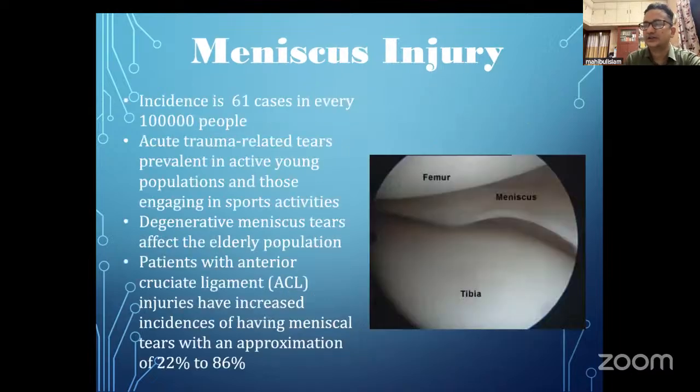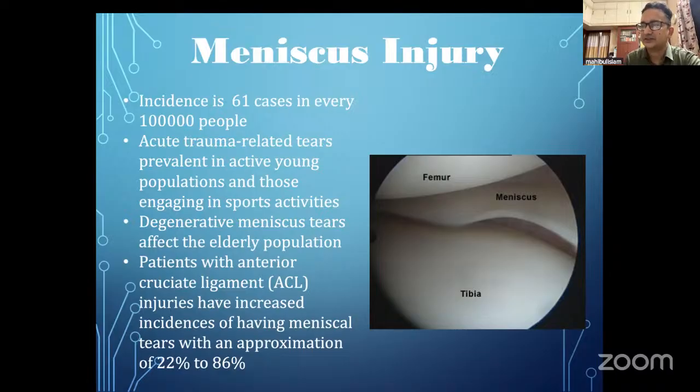Meniscal injury occurs in about 61 cases per lakh population. Acute trauma-related tears are common among active young people and athletes, while degenerative tears affect the elderly. ACL injury significantly increases the risk of meniscal tear, with incidence ranging from 22 to 86%, highlighting the importance of early diagnosis and management.